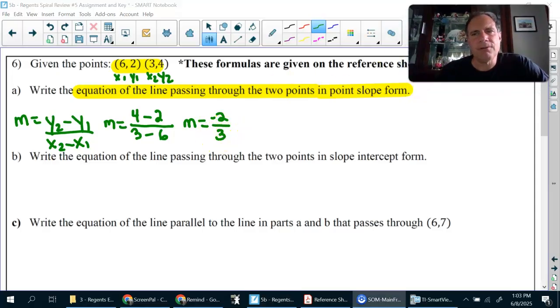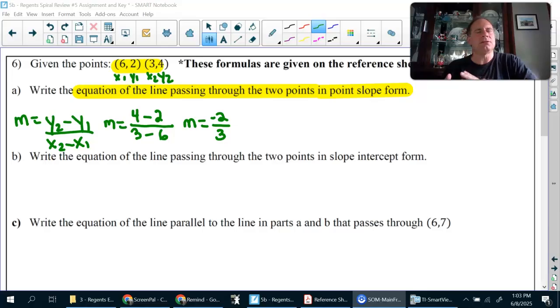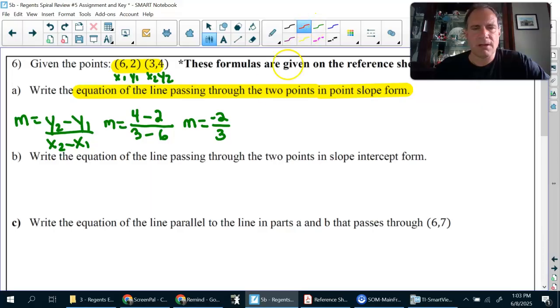Now, just remember, you need the y-intercept. So there's 2 ways to get the y-intercept. One way, you could use y equals mx plus b and then solve for b, or you could use the point slope formula.